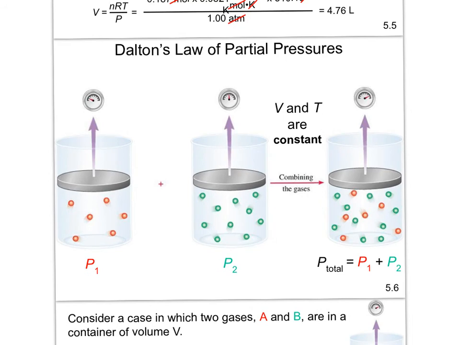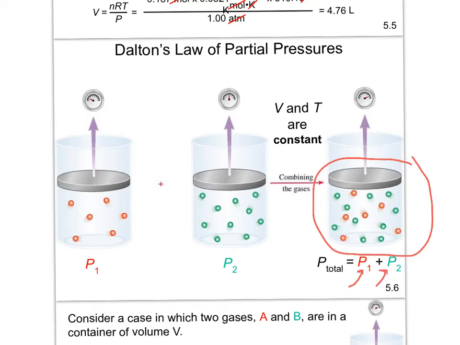Dalton's law of partial pressures is really quite intuitive, and tenet one is that if you have two separate gases, in this picture represented by red and green dots, whether you combine the gases, as this diagram shows, or just look at one container containing both of those gases, the total pressure inside the container is equal to the partial pressure of each particular gas added up.